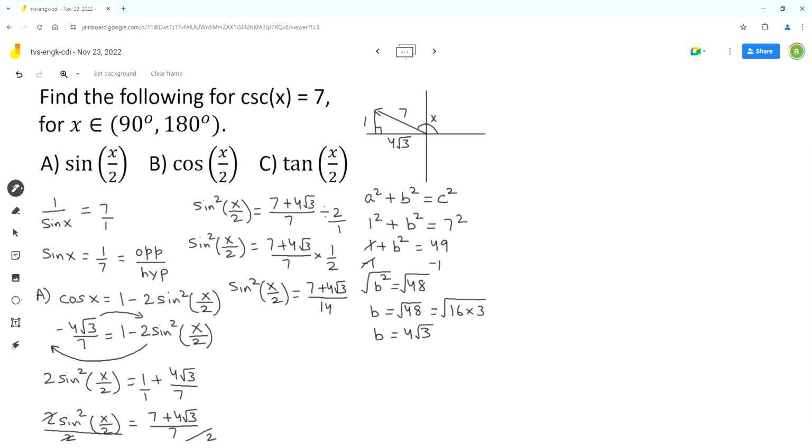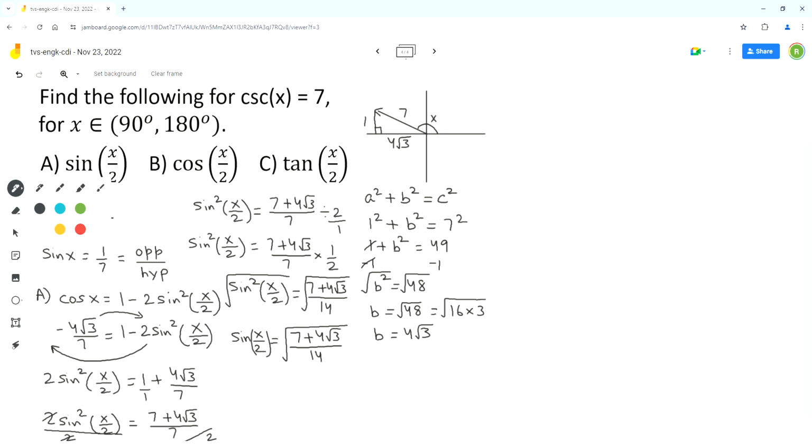Now we can apply square root to both sides. As we discussed earlier, x over 2 lies in quadrant 1, so sine of x over 2 will be a positive value. So for the square root, we can ignore the negative case. So this should be the final answer for sine x over 2.